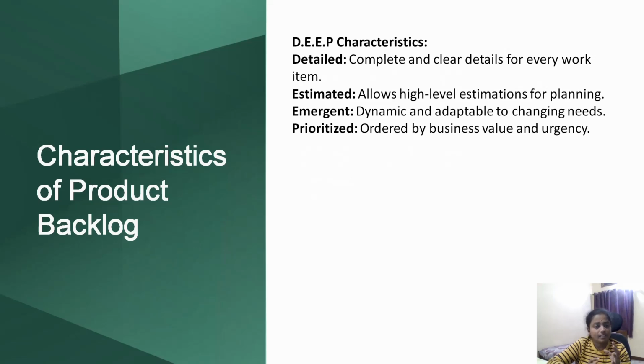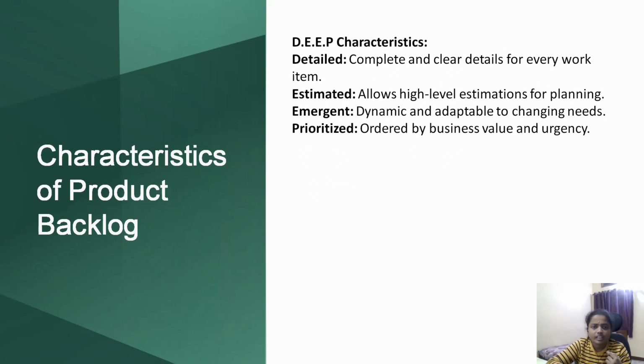Next one, estimation. We will talk about estimation in detail, but every work item should be in a place where you will be able to give a high level estimate. When will we be able to give an estimate? When I have complete details. So the previous one, detailed appropriately, we have covered, because we need to know what we are trying to implement, and also for anything to be estimated we should have clear information.